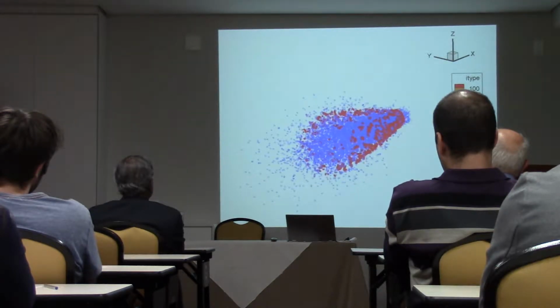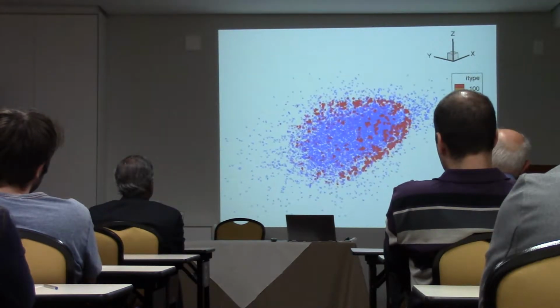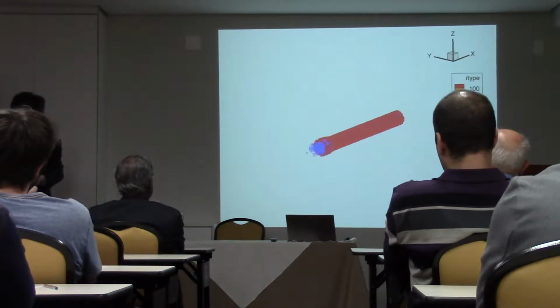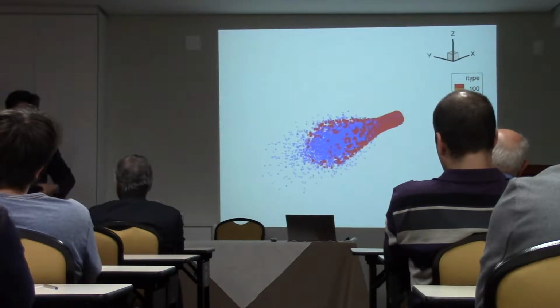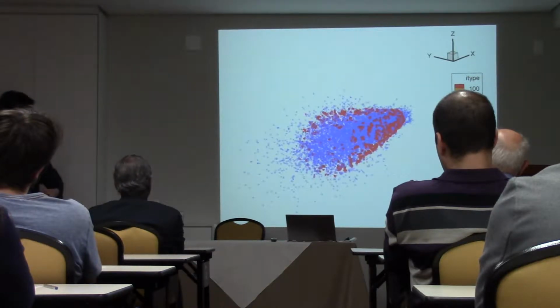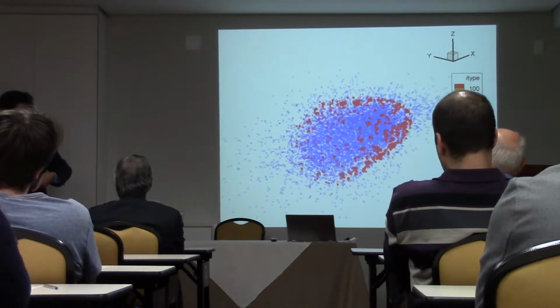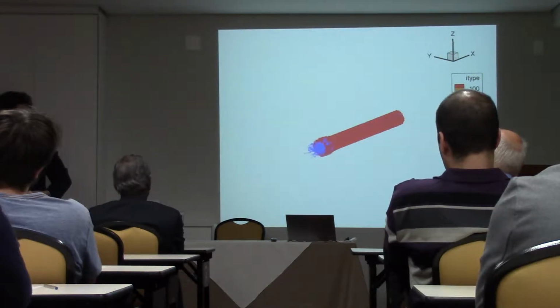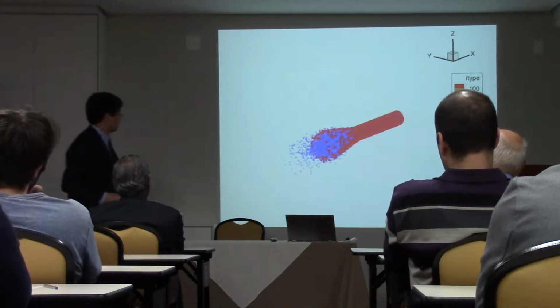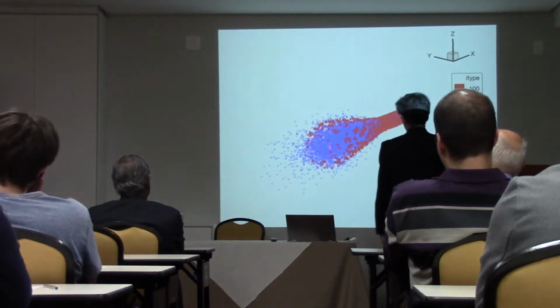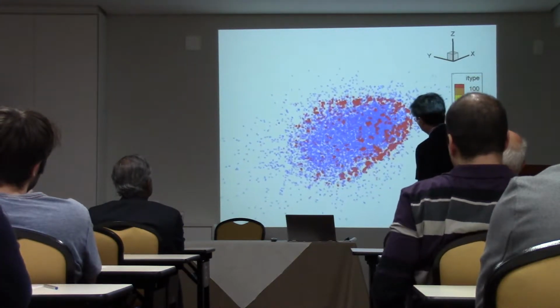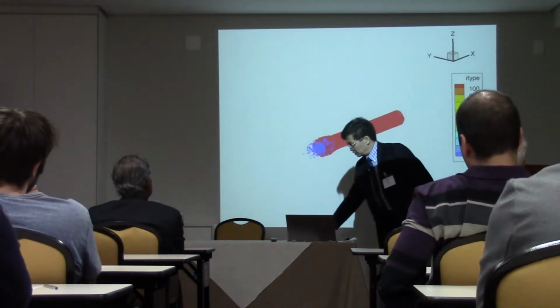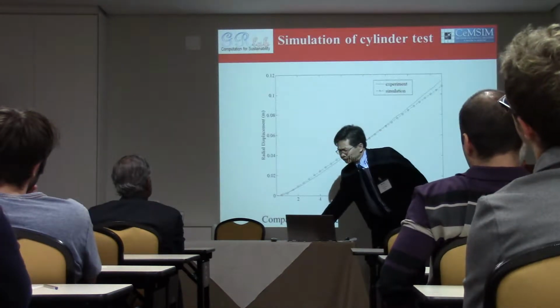Here is another model. What I have is an explosive inside, cylindrical. On the surface, I have a copper cylinder that holds in this explosive. So you see the detonation. Although the casing is a solid material, it gets fragmented into pieces.